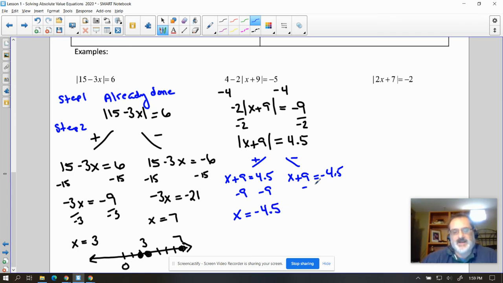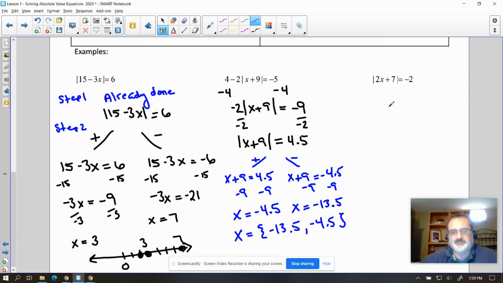Here we're going to subtract 9 from both sides, but negative 4.5 minus 9 is negative 13.5. So here again we have two solutions, and I could graph those the same as I did on the other one, or I could write it another way. You're going to say it is negative 13.5 comma negative 4.5, end your brackets.